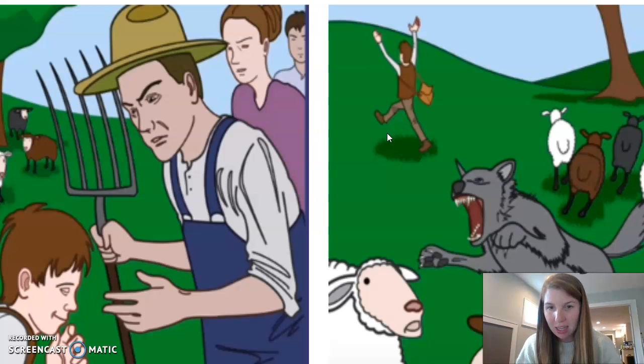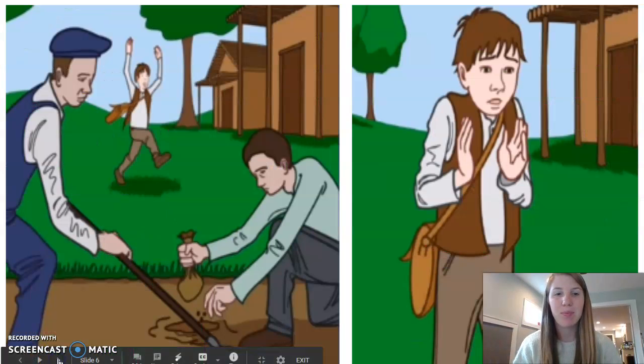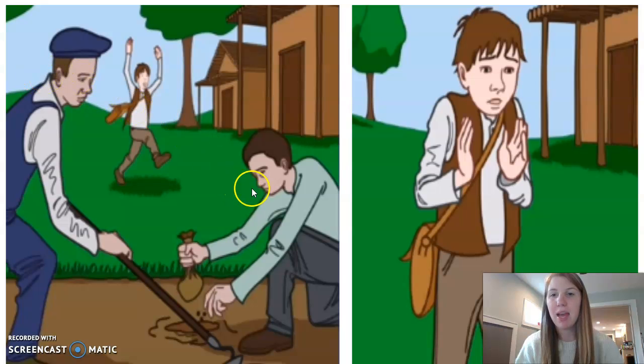Do you think the people of the town are going to come running to help him? Let's find out. Here he is. Wolf, wolf! These people are still just working away, and no one helps the boy. Now, I want us to think, why would they not help the boy?